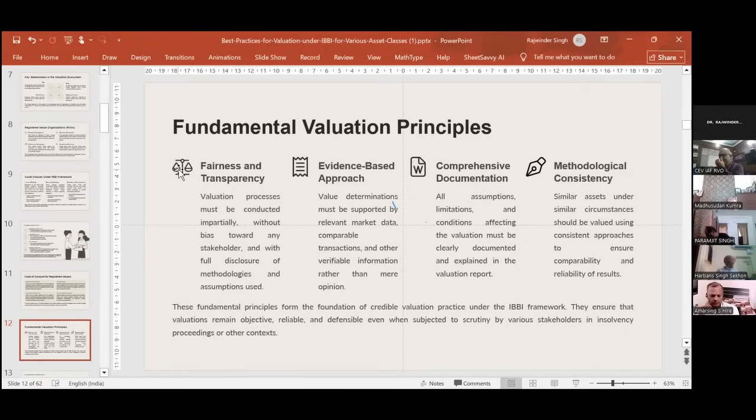So these fundamental principles form the foundation of valuation practice under the IBBI framework. They ensure that valuations remain objective, reliable, and defensible even when subjected to scrutiny by various stakeholders in insolvency proceedings or in other contexts.